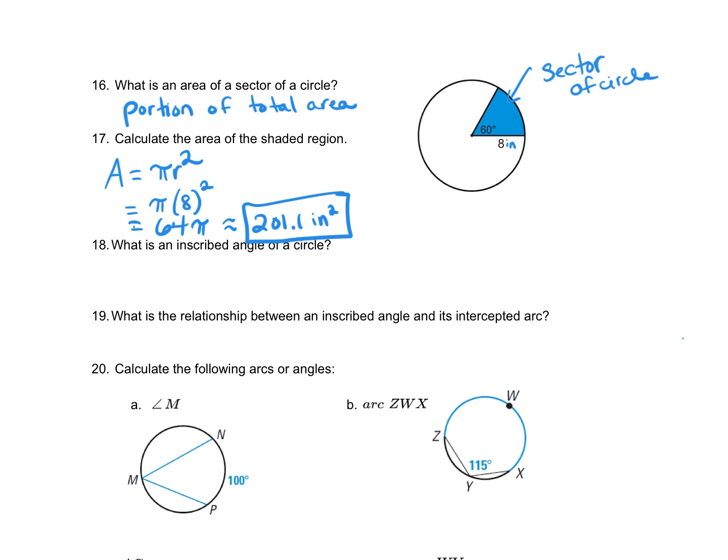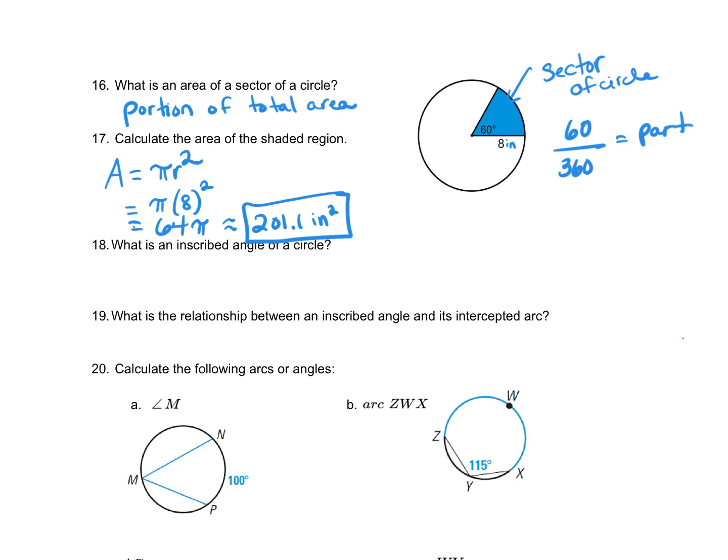To find the area of just that sector, we're going to do the same thing we did with the arc length. That sector is represented by 60 degrees of the total 360 degrees in the circle.